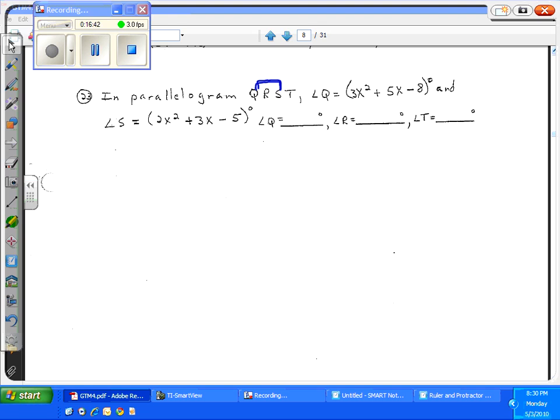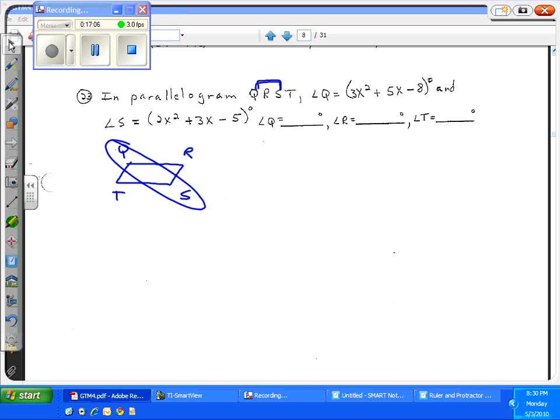If we were to draw QRST, we would have to go in order QRST, so that shows us that Q and S are opposites. Now, we really don't know if they're the two big ones or the two little ones. We'll figure that out after we solve.